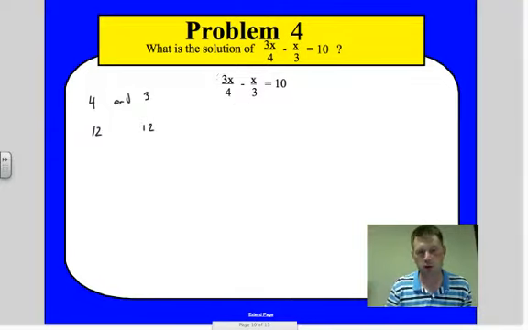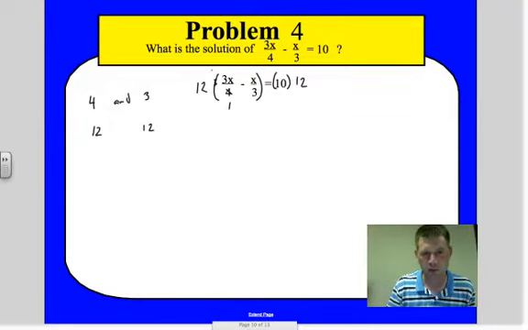What I want to do in this problem is multiply this side by 12, and then multiply this side by 12. 12 over 4, as we multiply this through, the 12 and the 4 cancel to give me 1, and this is going to give me a 3 on top. That gives me 3 times 3, which is 9x.